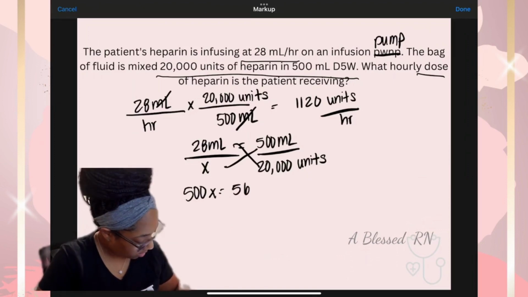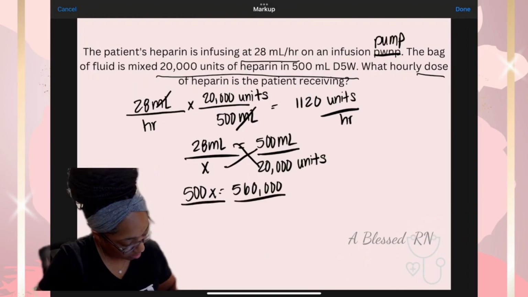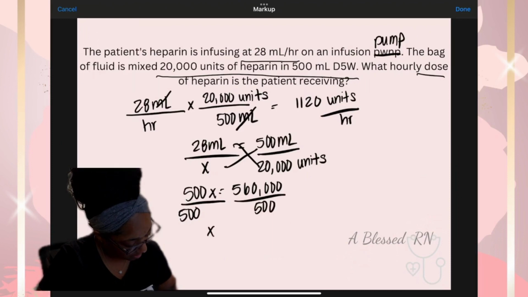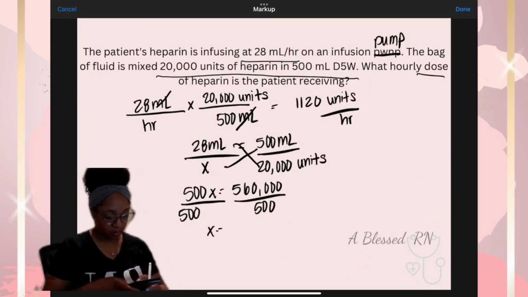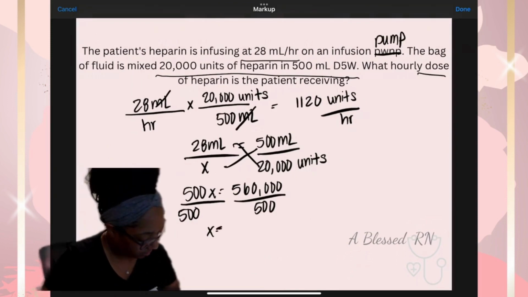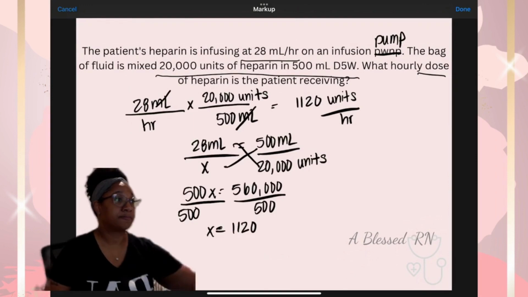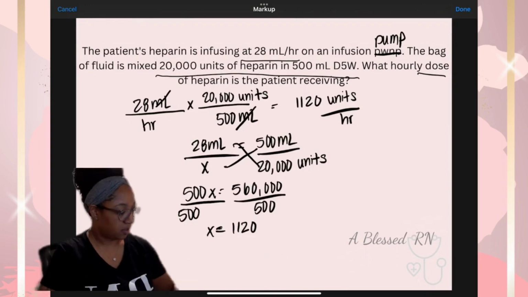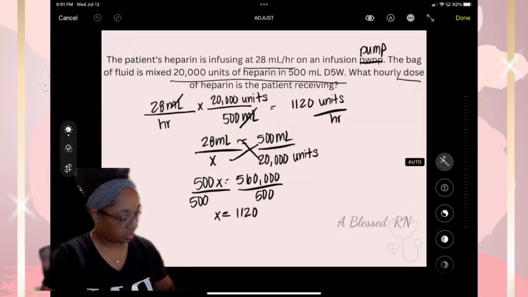And you'll get this big number, 1, 2, 3. And then we're going to divide on both sides by 500. And you get the same thing. Okay? Alrighty.